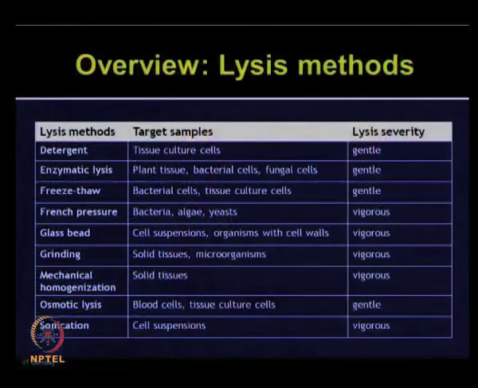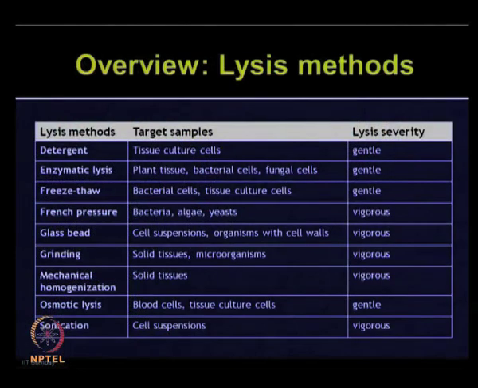Glass beads are used with cell suspensions or organisms with cell wall. This is again a vigorous lysis method. Grinding of solid tissues and microorganisms is another vigorous lysis method. The mechanical homogenization of solid tissues is another vigorous lysis method.